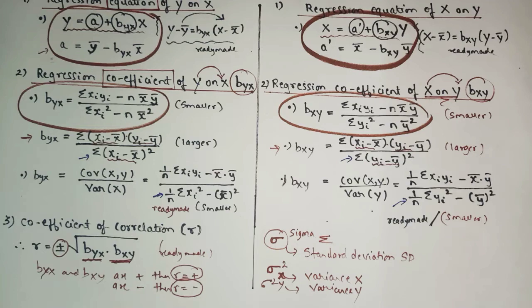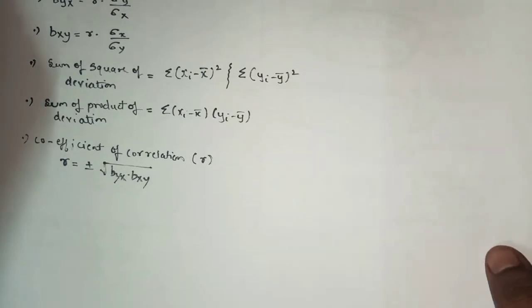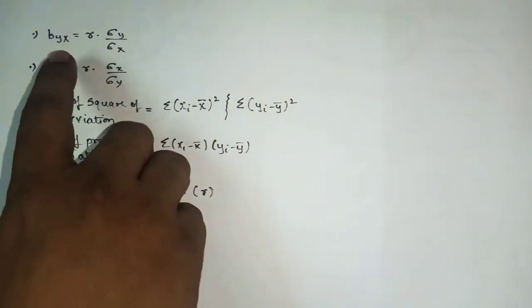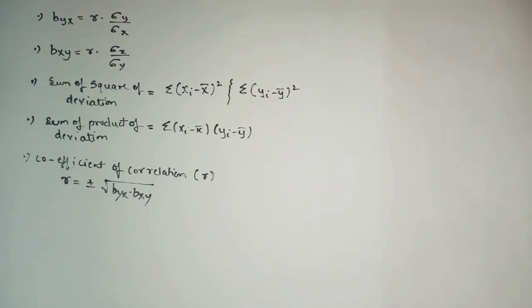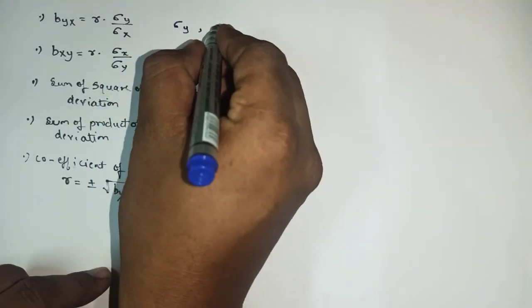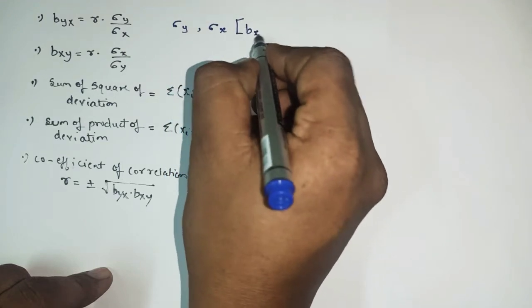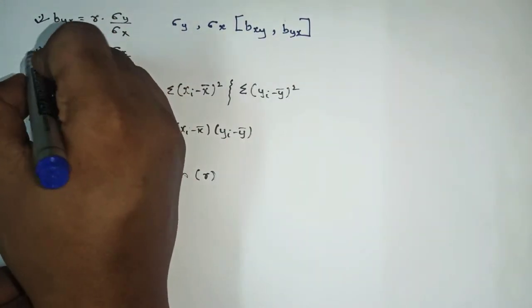Okay, now we'll see some formulas. There are some three or four new formulas which you have to apply in the second exercise. That means we can see type number 2. Here, for byx, when you have the value of standard deviation of y and standard deviation of x, and then you have to find bxy or byx, you have to apply these two formulas.